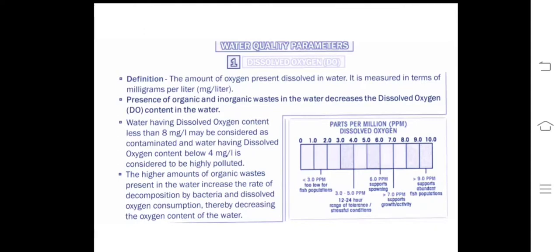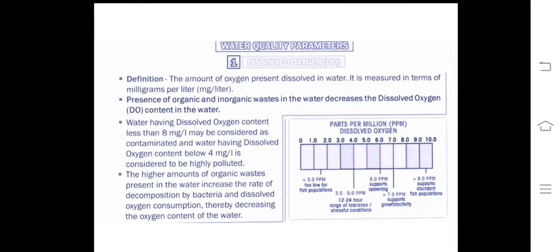It is highly polluted, because microorganisms used all the oxygen, okay, to decompose organic matters present inside the water bodies. The higher amount of organic waste present in the water increases the rate of decomposition.